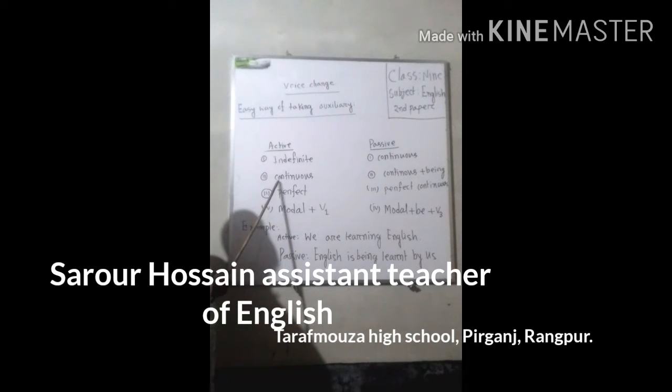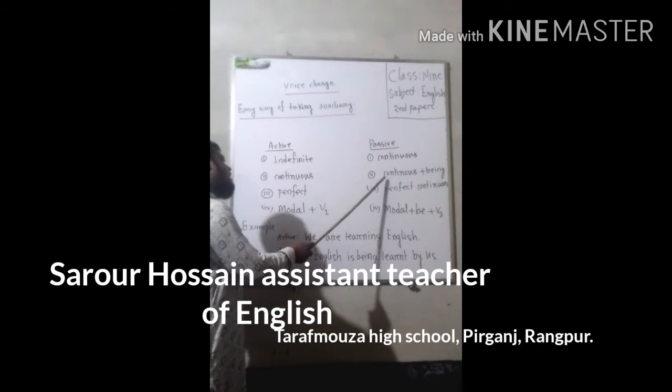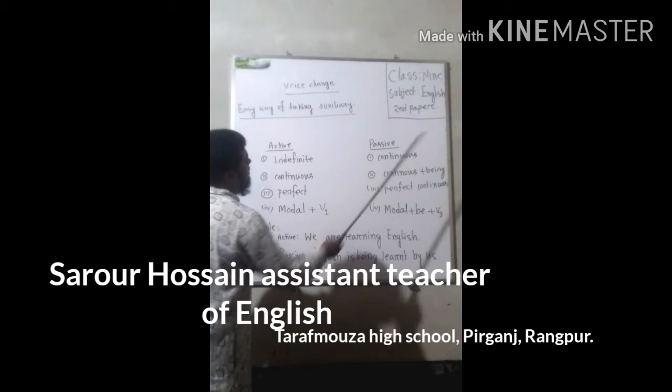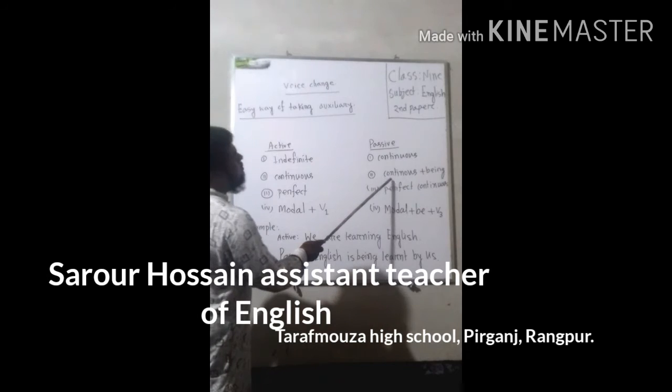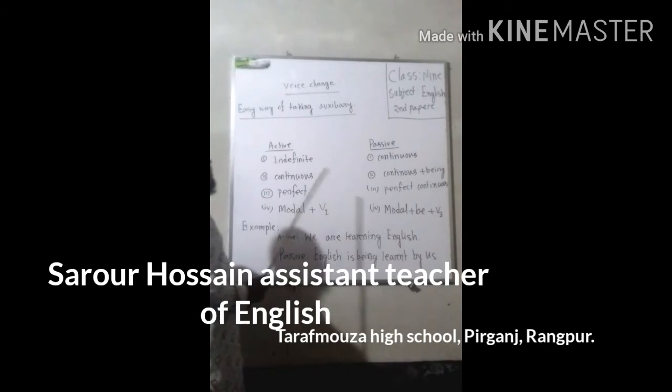If we find future continuous tense, we have to take the auxiliary verb of future continuous tense plus being, and so on.